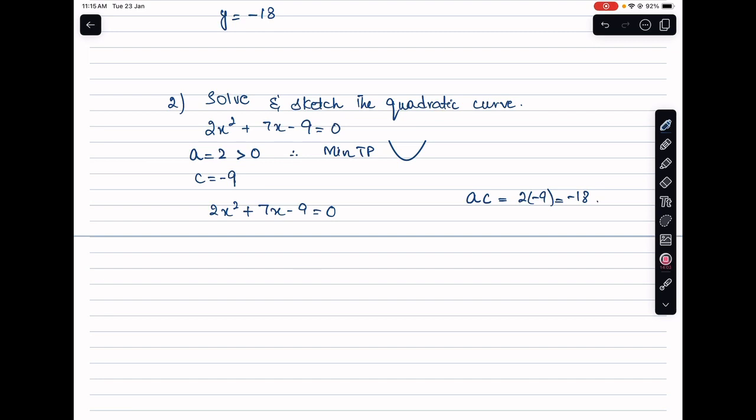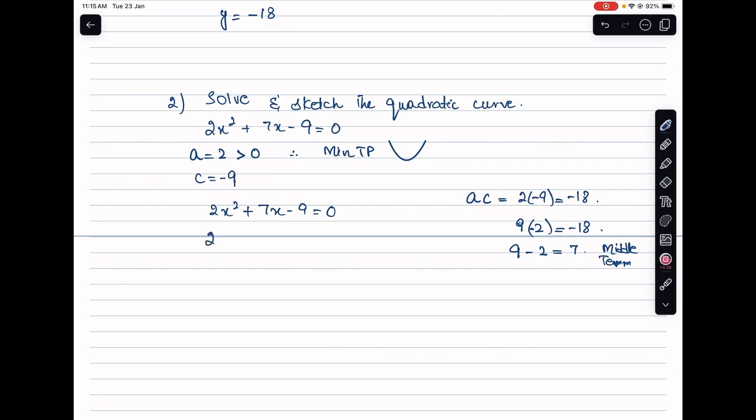So the factors of 18 that can give me a 7 should be 9 minus 2, which can also give me a 7. So this is the middle term that I have, and 18 is the product that I'm getting back with the product of a times c.